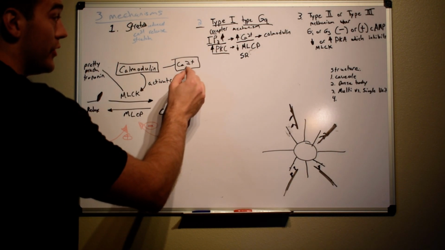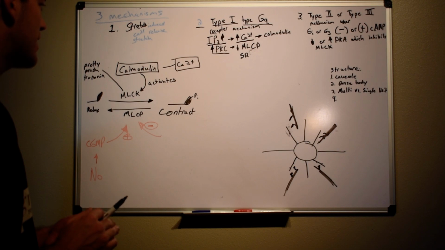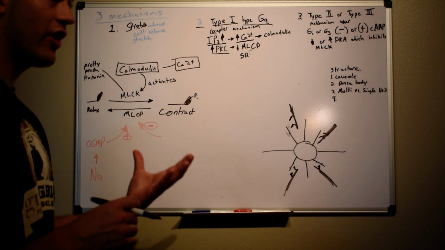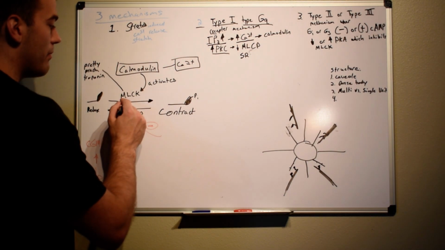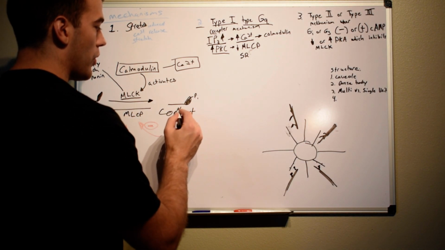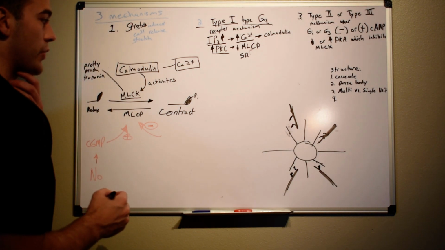It's going to be, do we have enough calcium, but it's also going to be, do we have the calmodulin to go ahead and activate the myosin light chain kinase, to put a phosphate group on the myosin head, which is going to allow it to bind to actin.